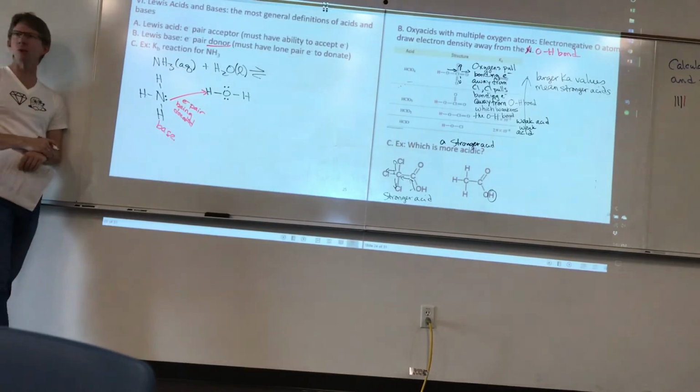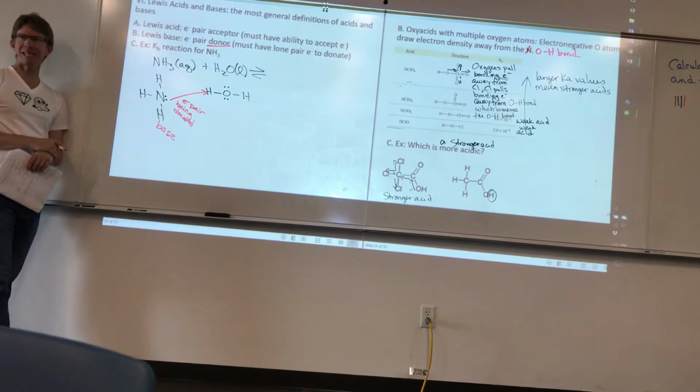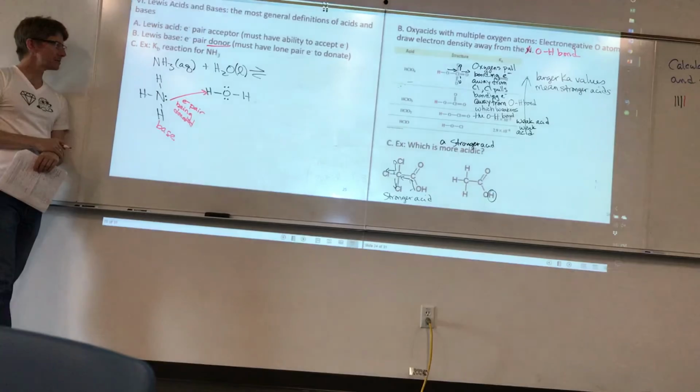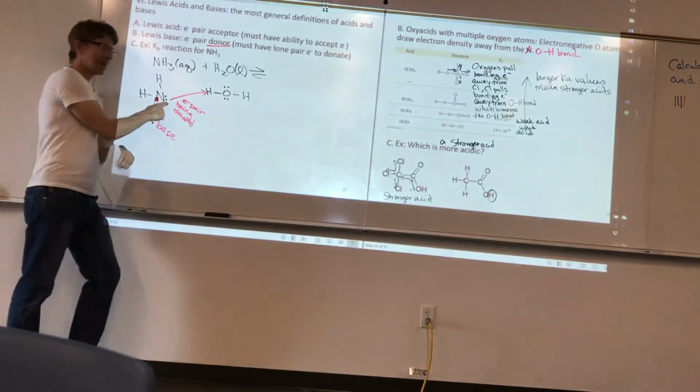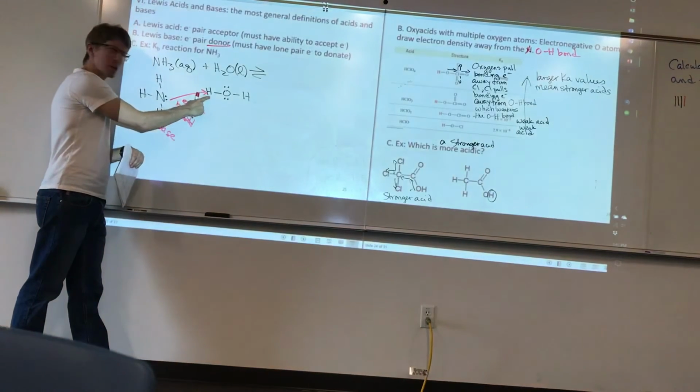Ammonia is a base. We knew ammonia was a base. Nobody's changing teams. We just have a bigger team now. Now that pair of electrons is going to form a bond with this H.